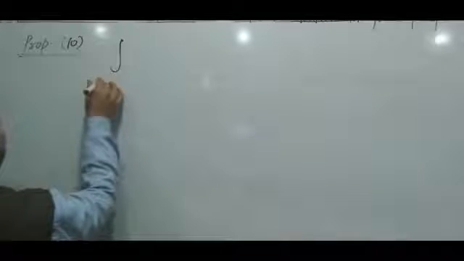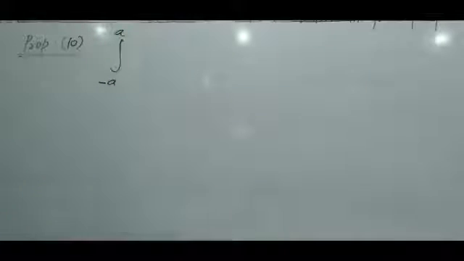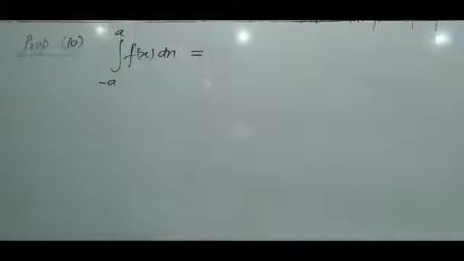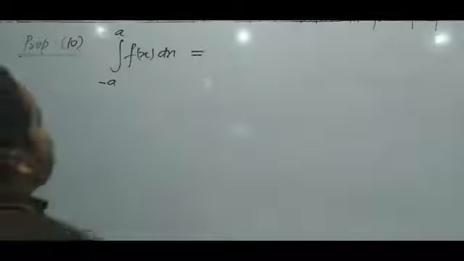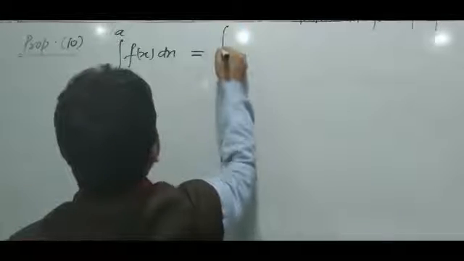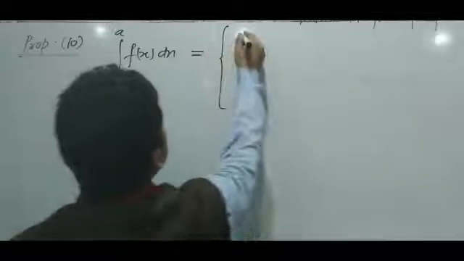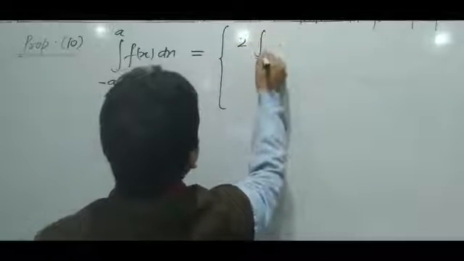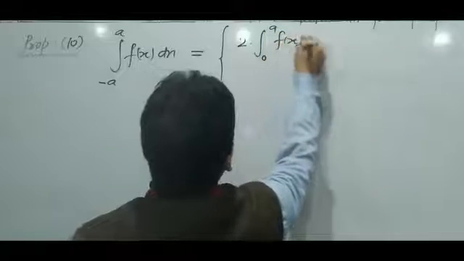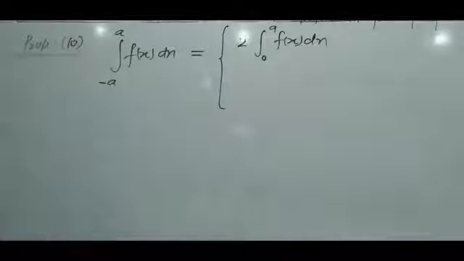Property 10 is integration over minus a to a of f of x dx. There are two values of the integral: this one we can write as 2 times integration over 0 to a of f of x dx, and this is 0.